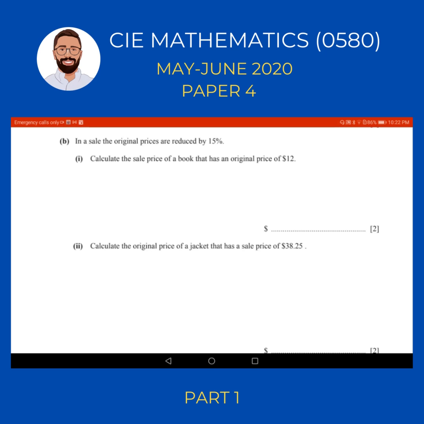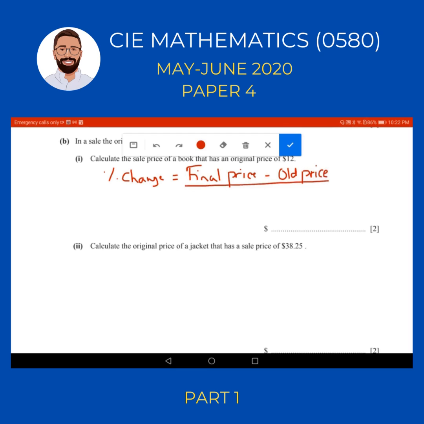So since this is a percentage change question, the formula for the percentage change is equal to the final price minus the old price over the old price times 100.